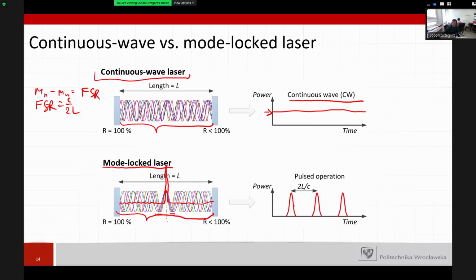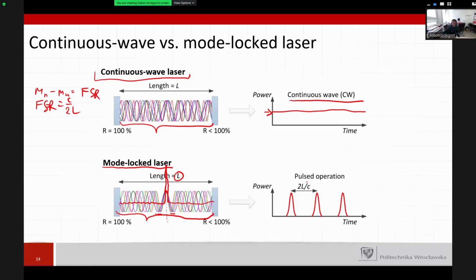At the output, we will obtain a short pulse, or actually I should say a pulse train. The pulses will be separated by a distance that corresponds to the round trip time of the pulse through the resonator.